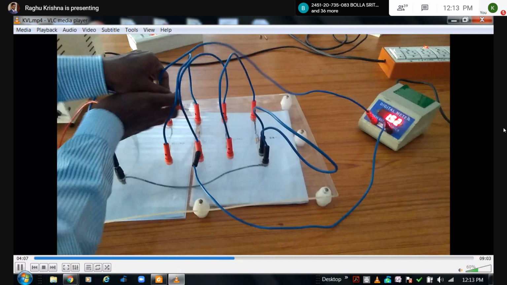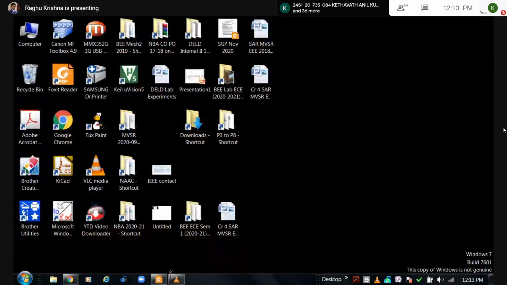So like this, you have to do the experiment. You have to note down the values in a table.